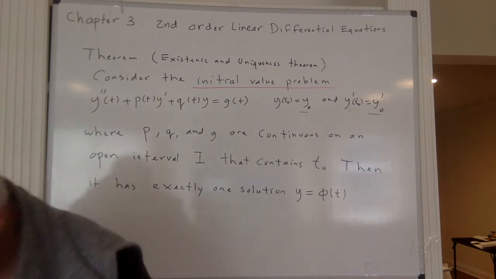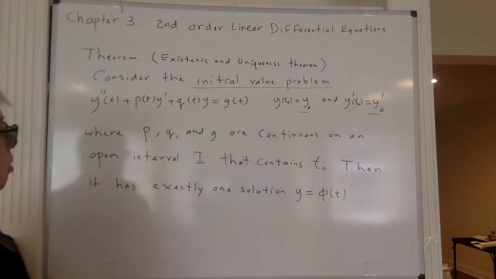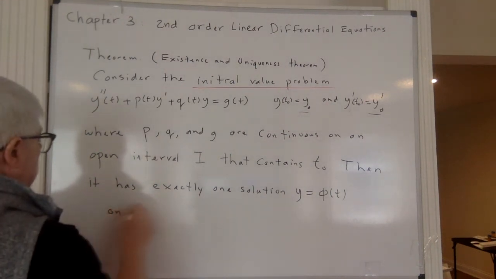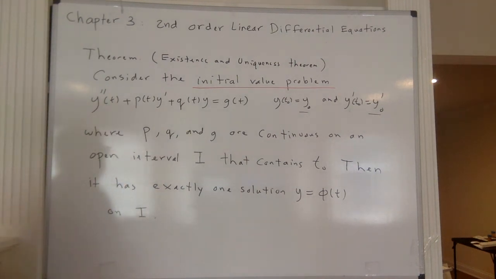So the solution exists on that interval. Now the solution should be continuous because we are talking about its first and second derivatives. If it has a first derivative, then it is continuous. Okay, so this is in fact the existence and uniqueness.